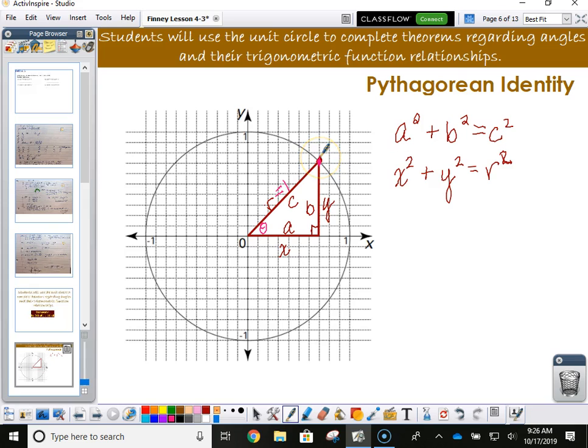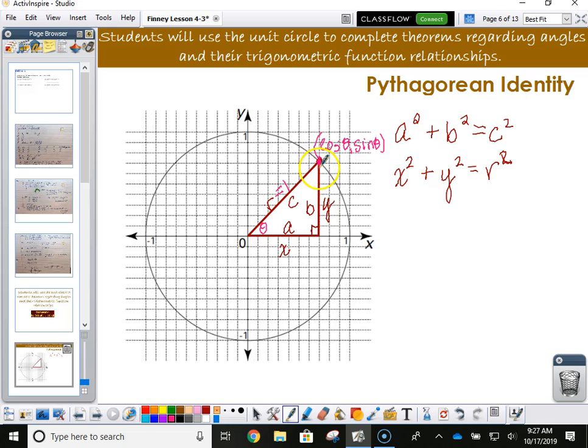So what we learned last class is that this ordered pair is (cosine theta, sine theta). That's our rotation of the point around the center, which is the origin. So you must remember this: cosine theta equals x, and sine theta is y.